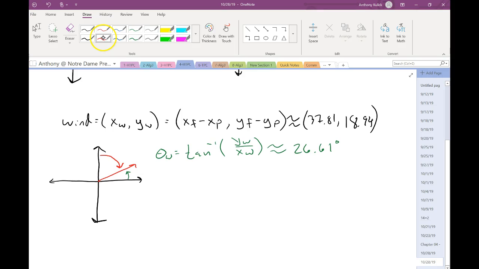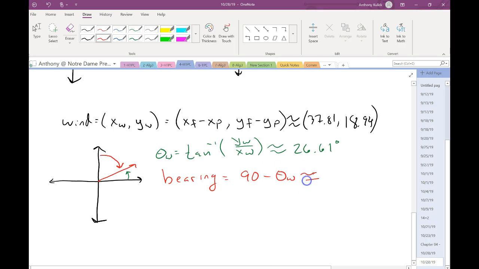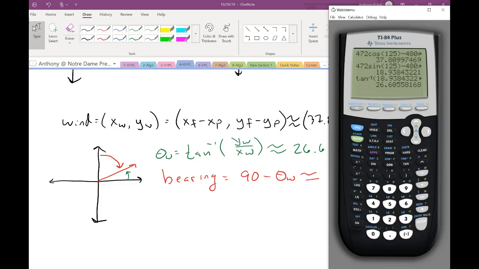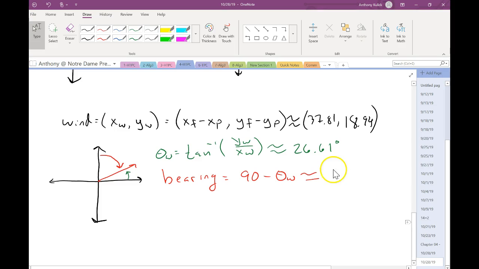So my bearing then is just going to be the complement to that. Which when I subtract 90 from it, I get 63.39.